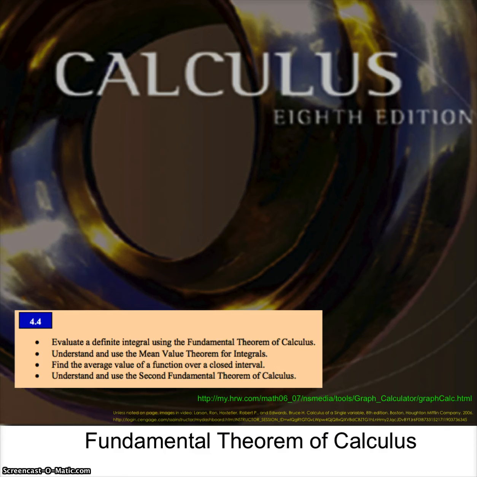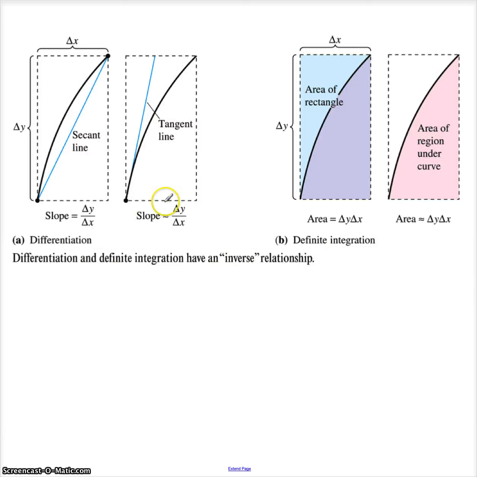Before we get there, let's look at the relationship between differentiation and integration. It turns out that while we've kind of treated these like two separate subjects that aren't really related, they really are. If we look at the algebraic way of doing things, the non-calculus way, I could find the slope of a secant line, and the slope was, of course, delta y over delta x.